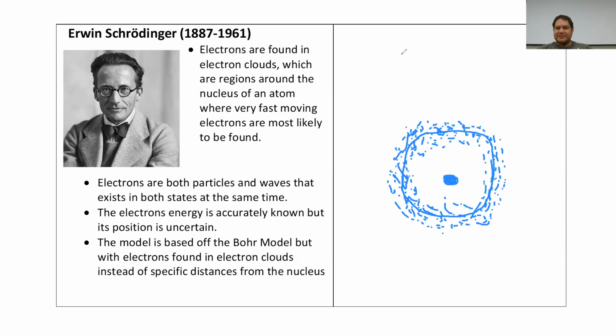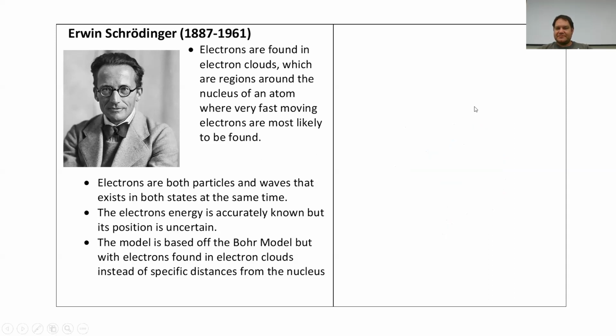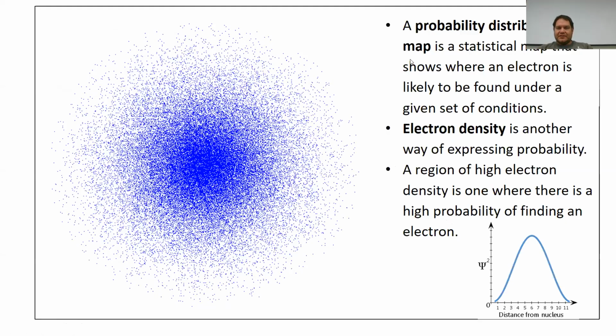So let's move on to these orbitals. All right, what we're seeing here, we already kind of looked at this probability distribution curve, but this is a specific important probability distribution curve or map. By definition, a probability distribution map is a statistical map that shows where an electron is likely to be found under a given set of conditions.